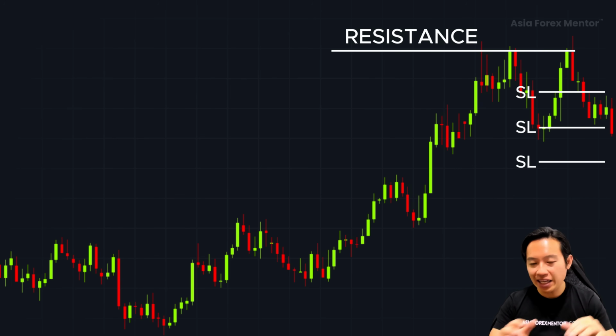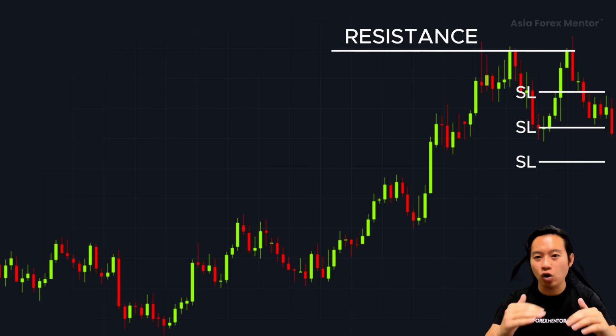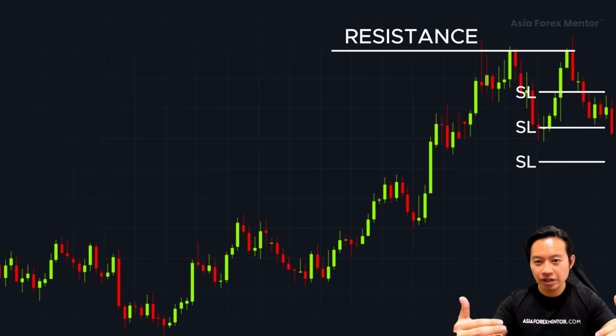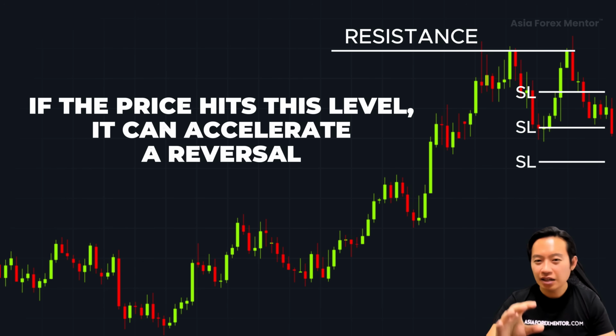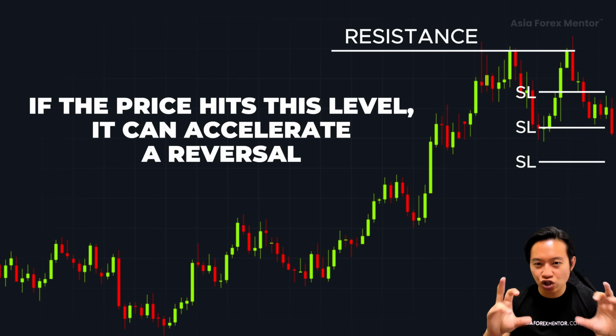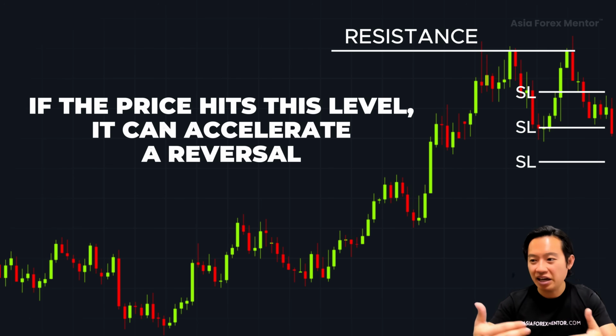This creates a key area where a lot of stop orders accumulate. If price reaches this level, triggering these stops can intensify the downward movement and accelerate this reversal downwards.